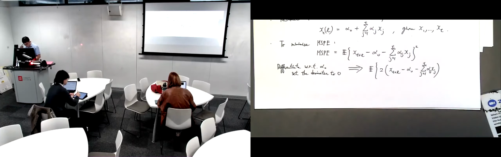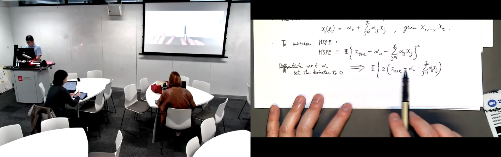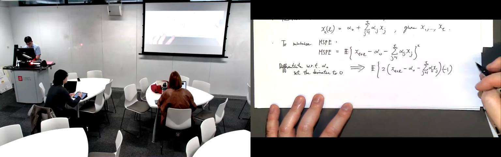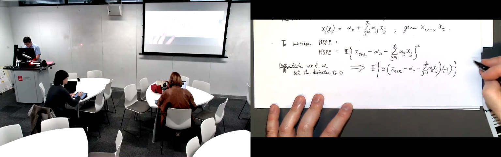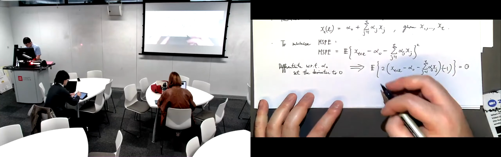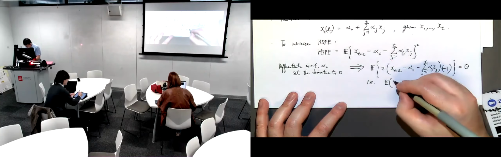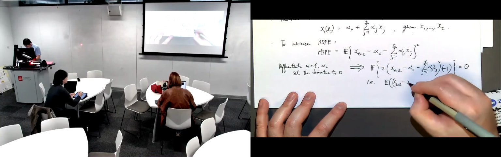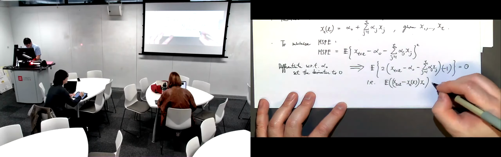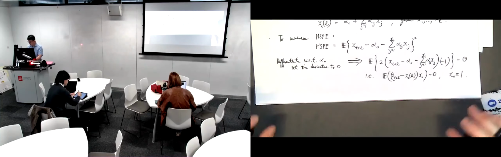You should be able to do this very quickly. The 2 is dropped, then write the thing inside, and then differentiate the thing inside with respect to alpha_0, which is minus 1. And this whole thing is 0. So that is the expectation of (X_{t+L} minus X_t[L]) times X_0 equals 0, where X_0 is 1. So let's assume X_0 is 1.